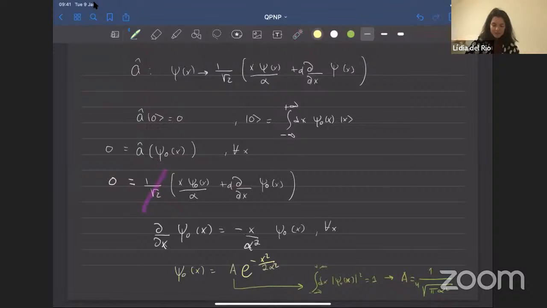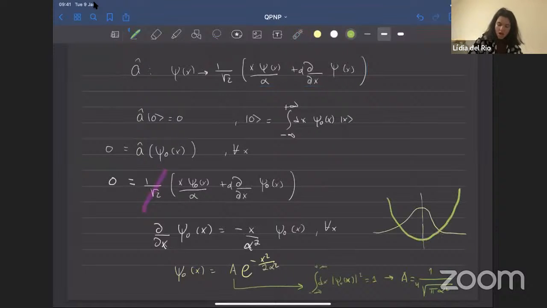What does this look like? It looks a bit like this. If I draw the well in a different color, the well might be maybe like this, and the wave function in white looks a bit like this.